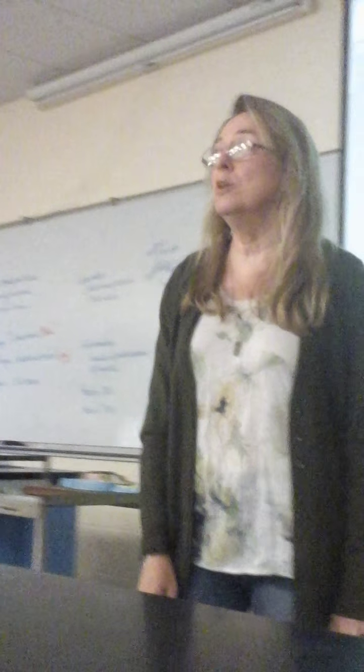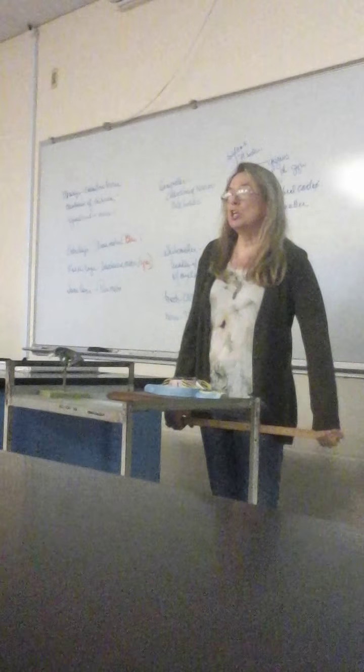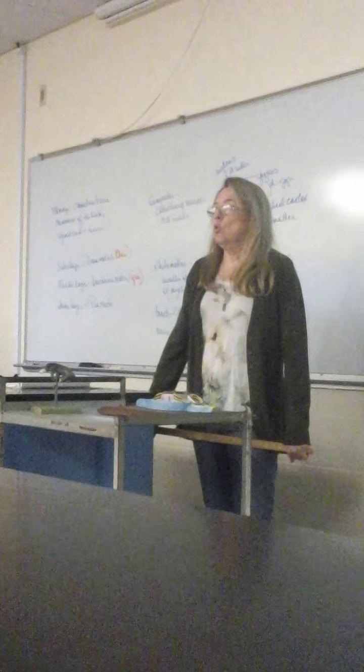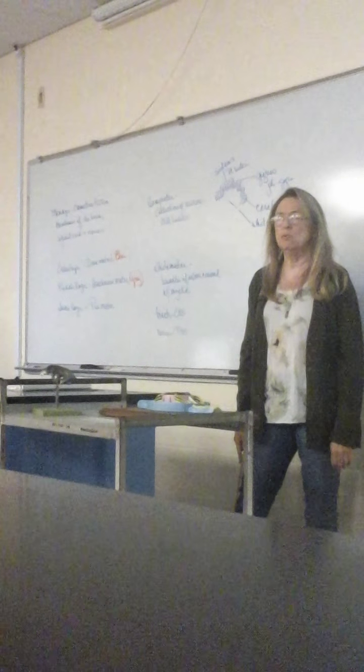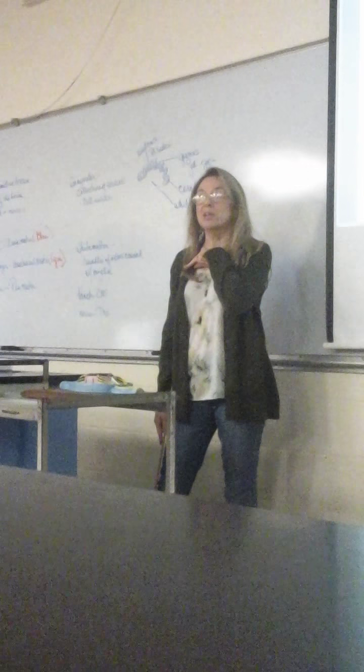This covers the brain, the spinal cord, and it's usually on at least some part of the nerves. When you dissect your sheep brain, you should be able to identify the dura mater. What's left of the arachnoid mater, we're going to find in the sulci. It's going to be brown. So the arachnoid mater will be the brown stuff in the grooves when you do your sheep brain dissection.